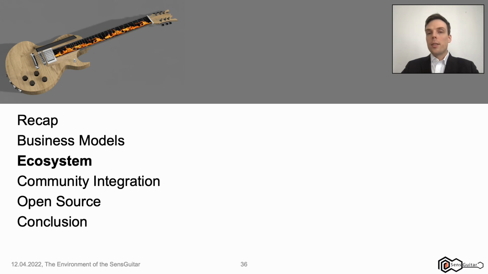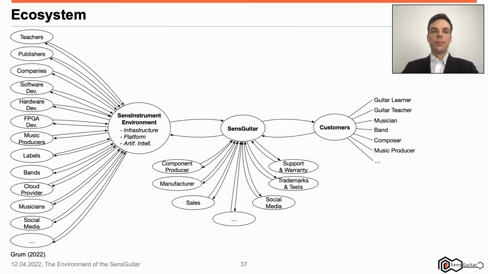Let's now generalize the business model insights and speak about the positioning of roles in a sense instrument ecosystem. This integrates numerous roles in one system so that, in a perfect world, the customer perceives a SensGuitar that satisfies all needs. If no desires are unfulfilled, next generation guitarists and musicians will be kept within the ecosystem designed.